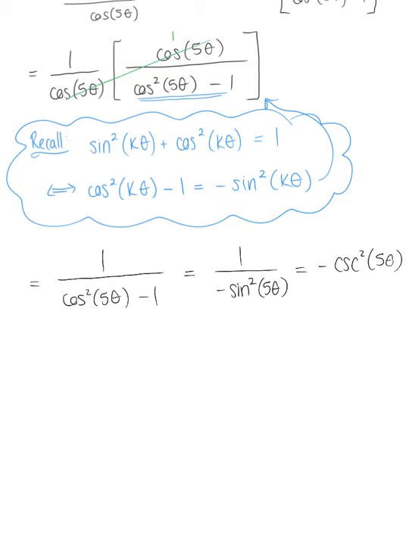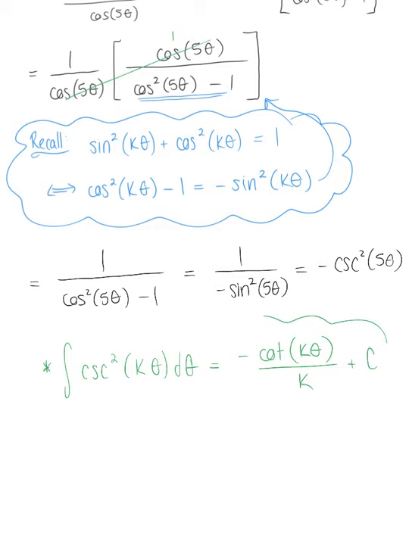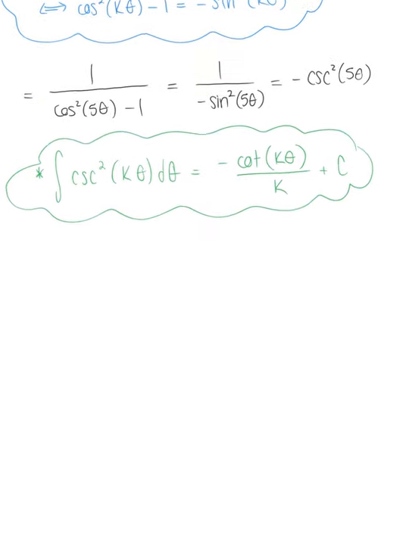And this is a general antiderivative. We recall that the integral of cosecant squared of k theta d theta integrates to minus cotangent of k theta divided by k plus an arbitrary constant c. And so we're ready now to antidifferentiate.